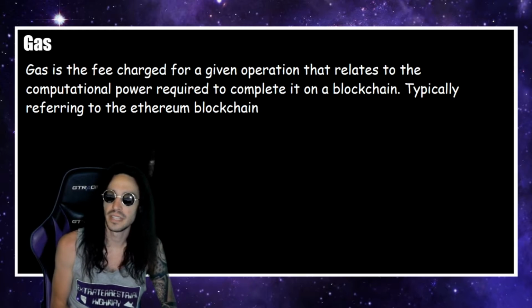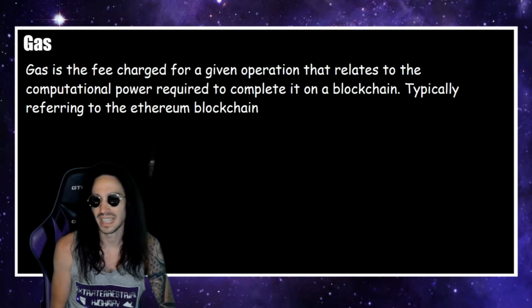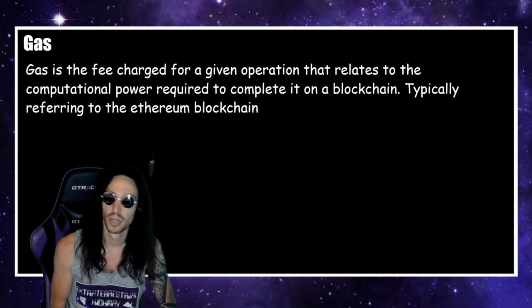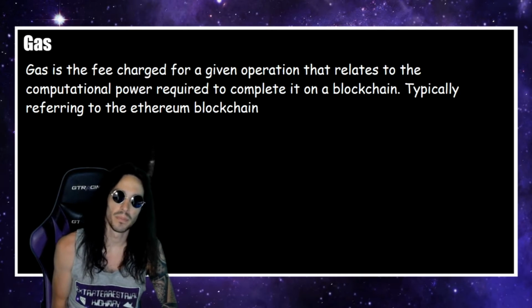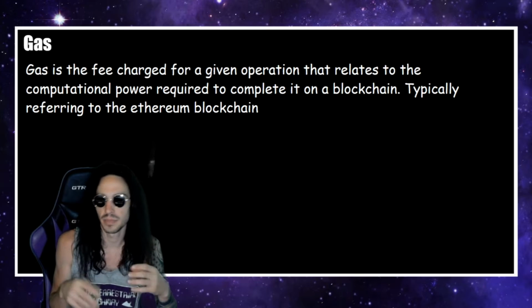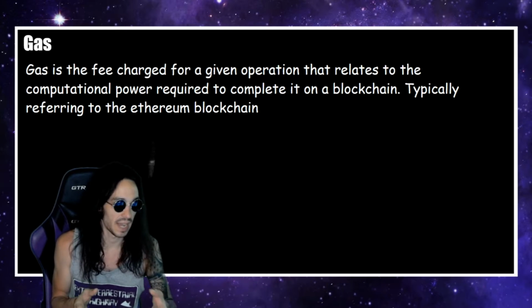Gas. Gas is the fee charged for a given operation that relates to the computational power required to complete it on a blockchain. A lot of times it's just referring to Ethereum gas.